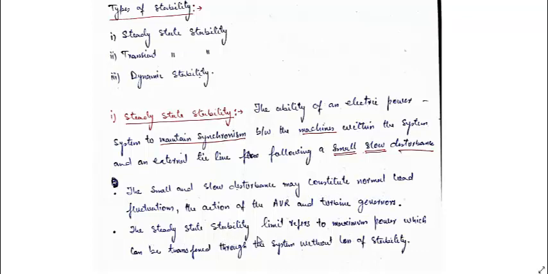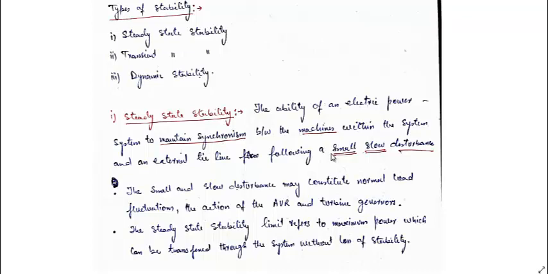The steady state stability limit refers to the maximum power which can be transferred through the power system without the loss of stability. So there will be a limit, and that limit we can say is the limit of the power which can be transferred from one end to another end of the transmission system.